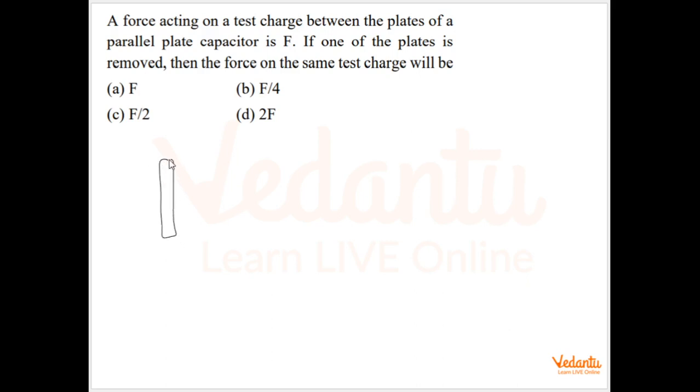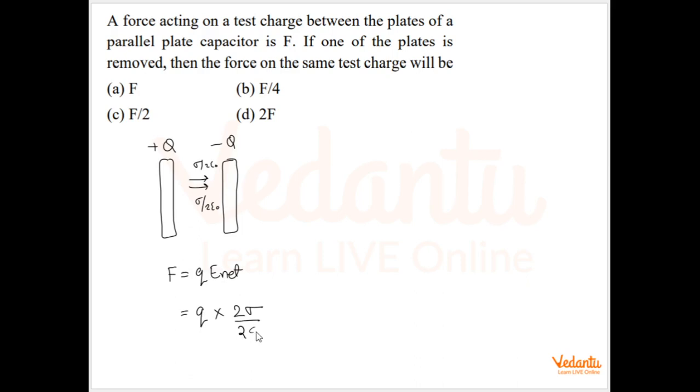Understand that when you have two plates like this, both of them produce an electric field in this direction, sigma by 2 epsilon naught and sigma by 2 epsilon naught, and the force on the charge will be equal to Q into net electric field, that will be Q into 2 sigma by 2 epsilon.